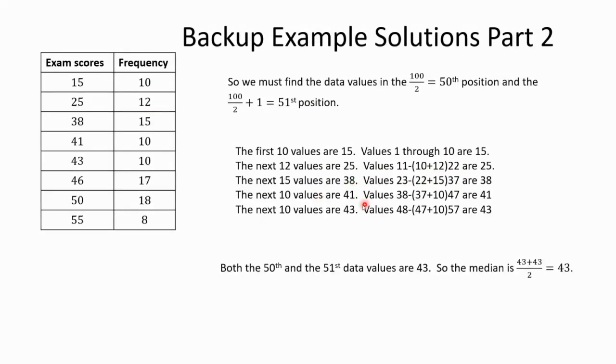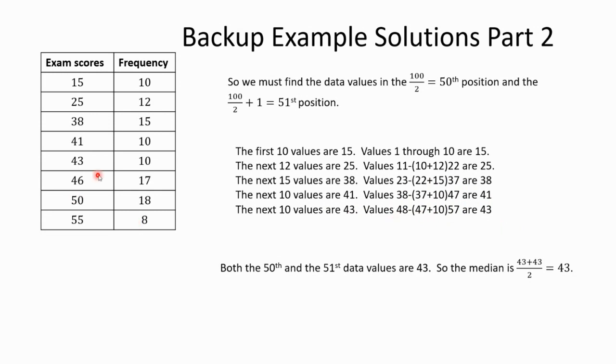And then the next 10 data values, which is data values 38 to 47, we add and we get 41. The next 10 data values, which go from 48 to 57, those all equal 43.